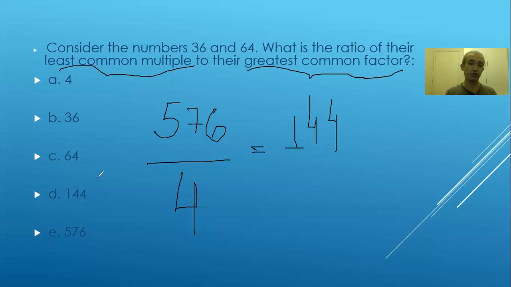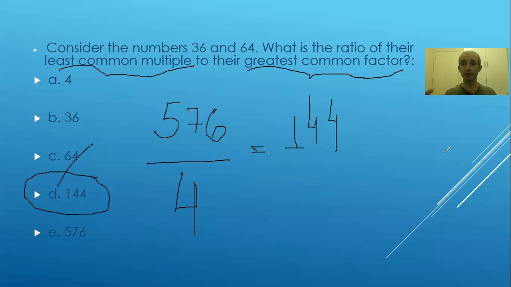Here we find out the result 144, the alternative D, and we have resolved our problem. That's it. We remembered here 2 basic concepts about least common multiple and the greatest common factor.